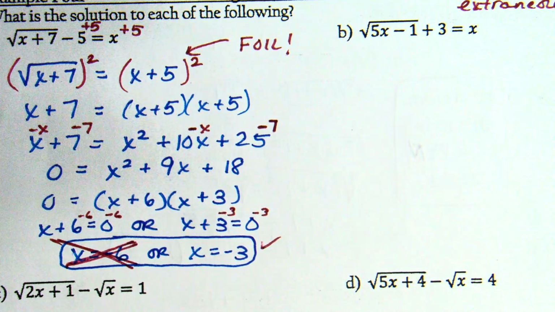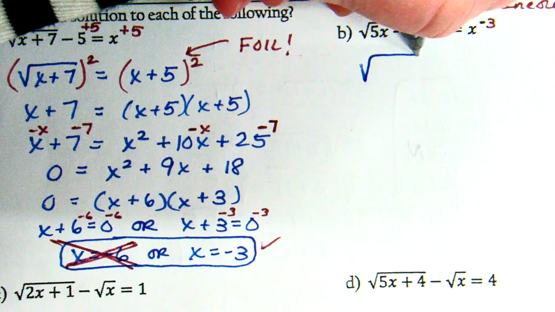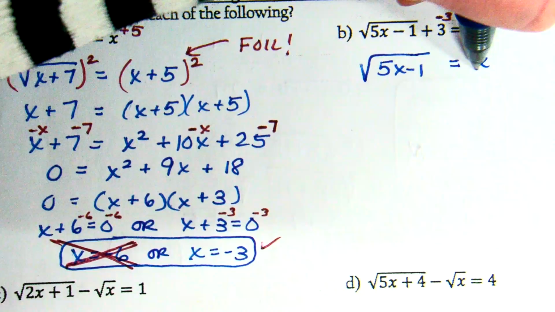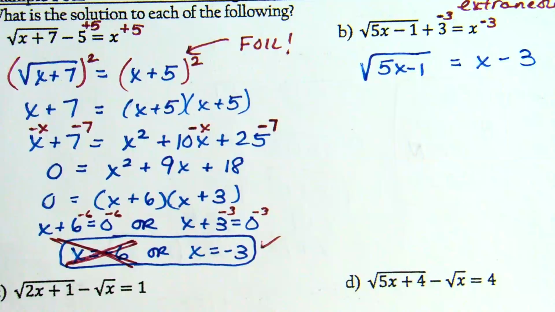Subtract 3. So now I have the square root of 5x minus 1 equals x minus 3. Is my radical by itself? Yep. So what's step 2?